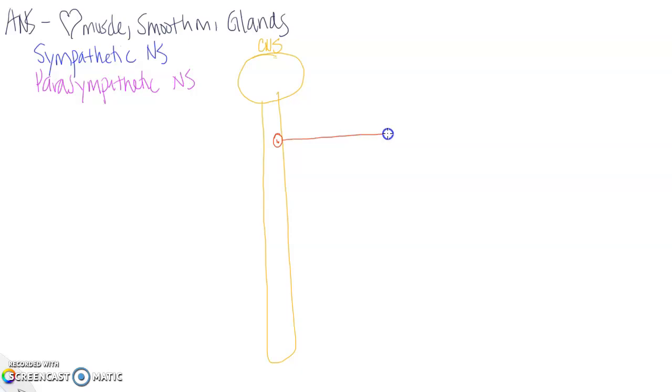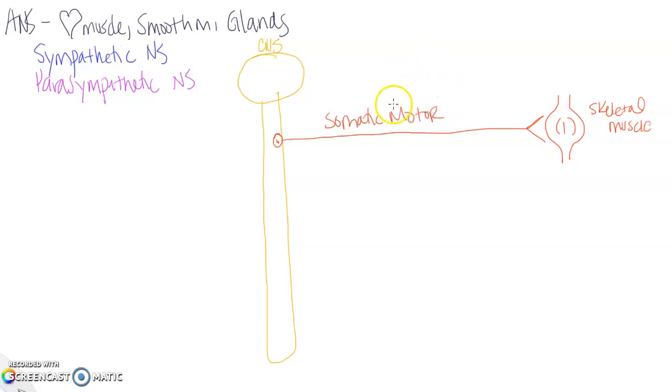So they exit here as one neuron and they go to whatever skeletal muscle. This is somatic motor. And of course, it is conscious, it is voluntary.